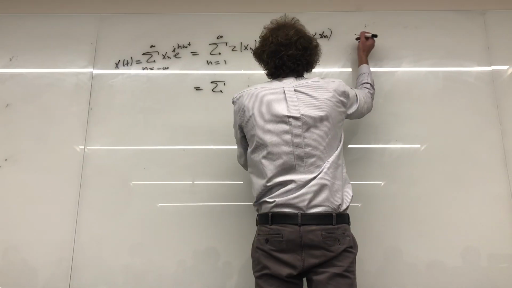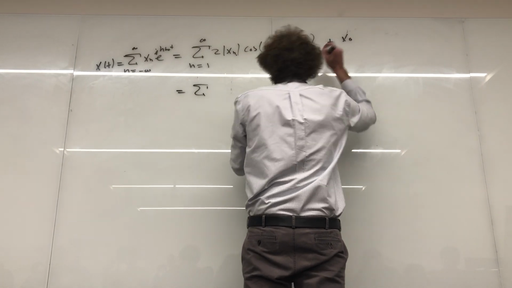Now take a look at what I got. I got cosine of A being n omega naught t plus B, the angle of x of n, right? Follow? So what I'm going to do is say this series right here can be rendered, and by the way, I'm going to put the x0 there, that has to be there.